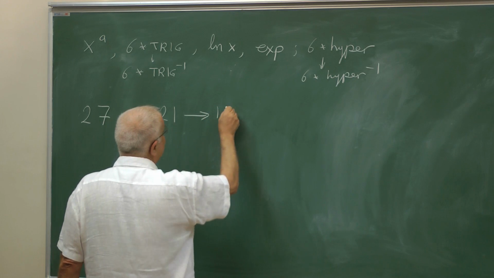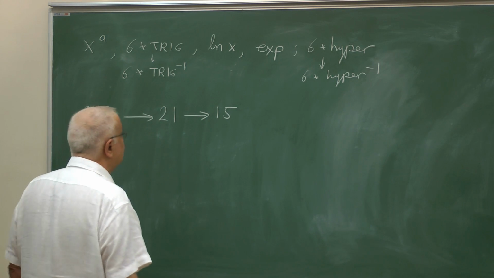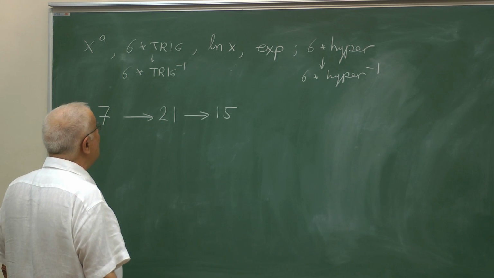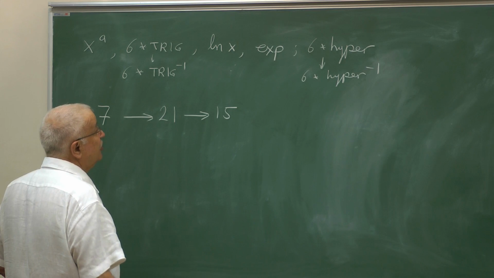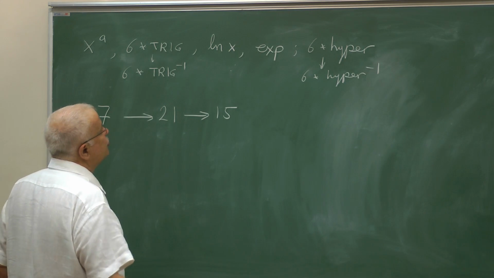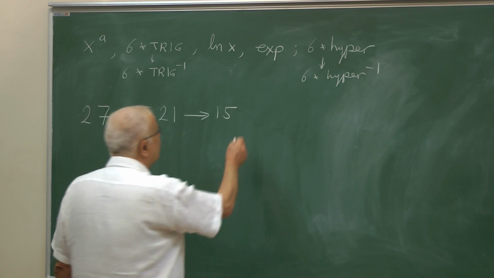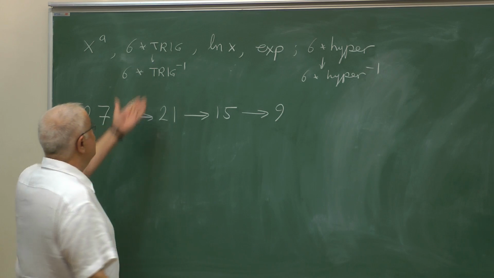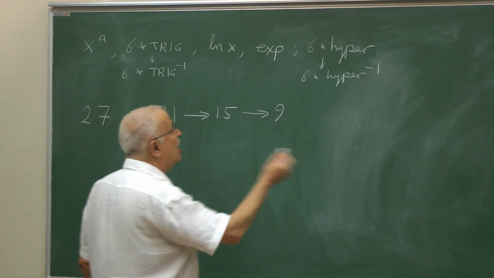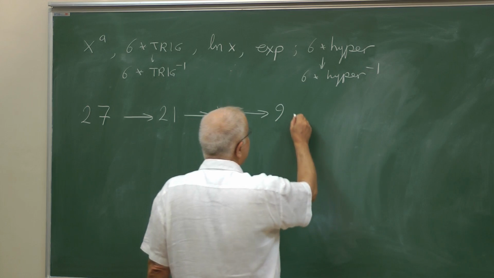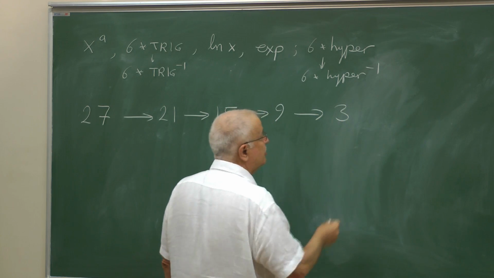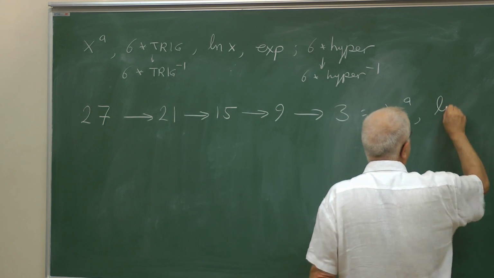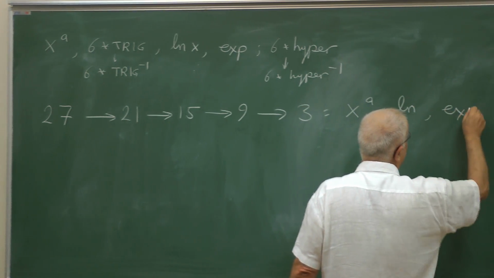So we can economize a bit more: 15. Then how about trigonometric functions? Trigonometric functions are also related to the exponential function. So we go down to 9. And inverse trigonometric functions are related to the logarithm. So we go to 3. What are these 3? Again, the power function, natural logarithm, and exponential.